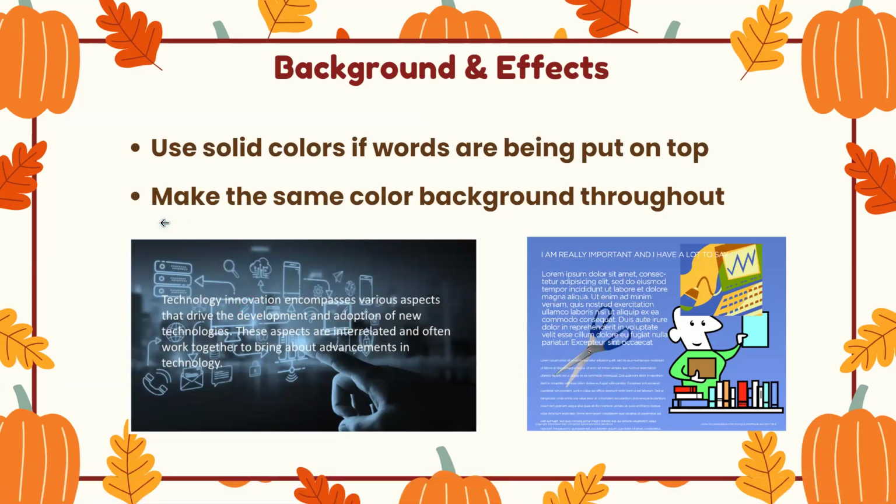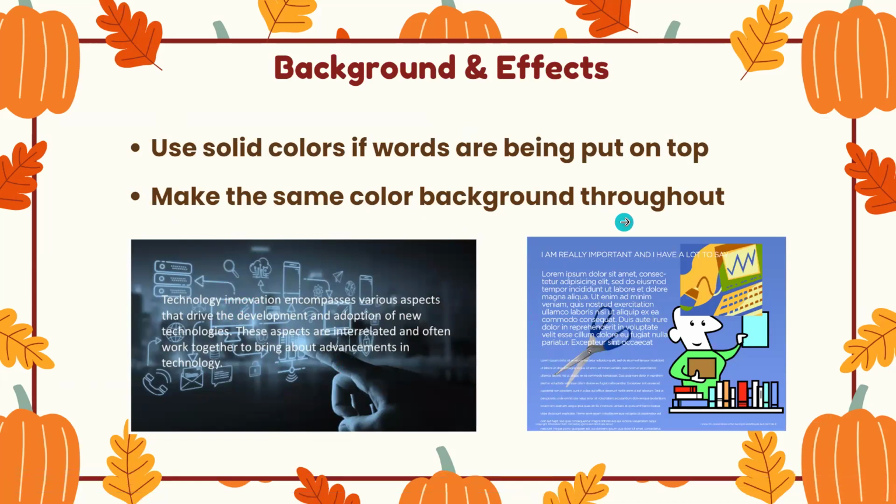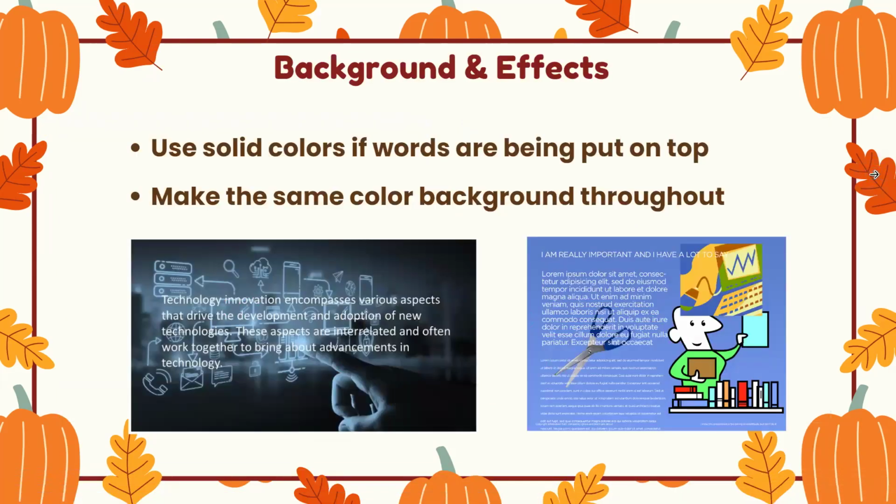And alongside that, if you're having a slideshow, make sure the same color background is throughout, right? If I go here and I go there, my background is exactly the same. So it's not distracting and it makes it seem like a cohesive presentation. So that's on backgrounds and effects.